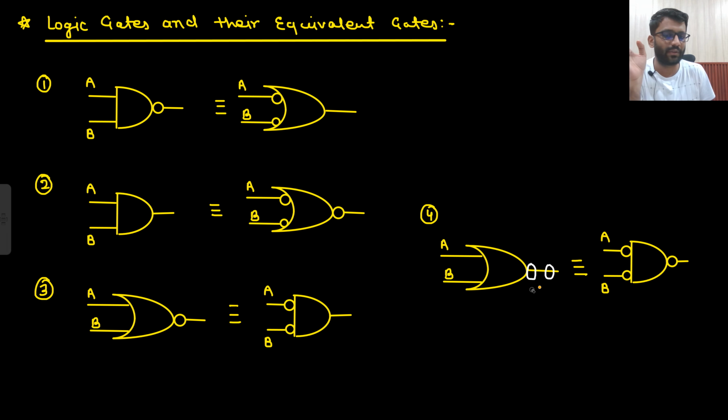These examples, I hope, are clear to you. If you are not able to remember points 2 and 4, then at least remember 1 and 3. These are very important. Bubble will come in front, and it will be replaced like this. So a NAND gate can be replaced with a bubbled OR gate, and a NOR gate can be replaced with a bubbled AND gate. Well and good.